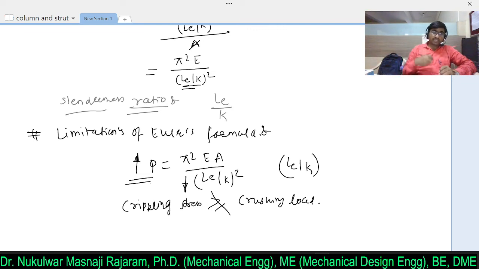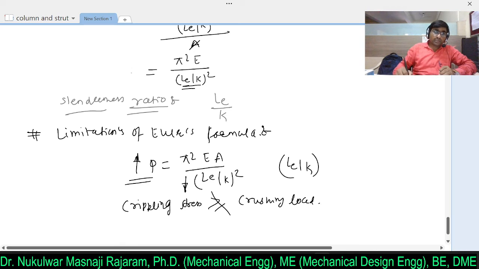So the crippling stress is also greater. So from this equation we can get the crippling stress. So if this is very small, then this will be very high.